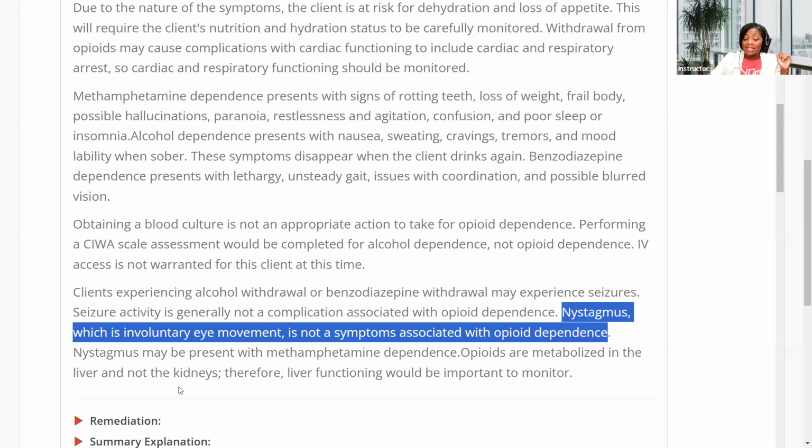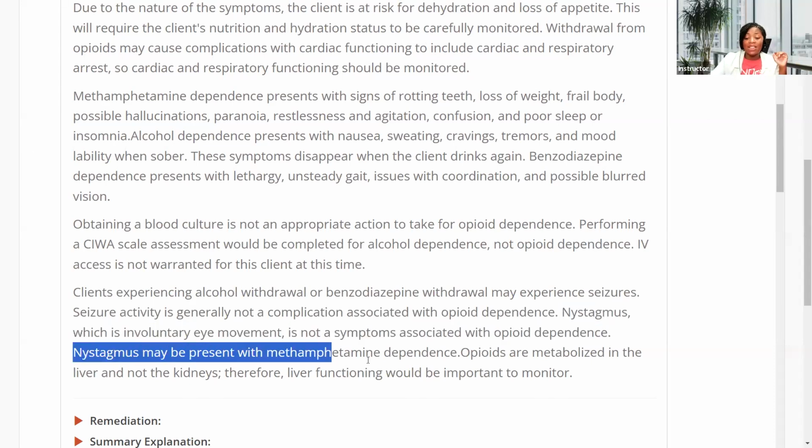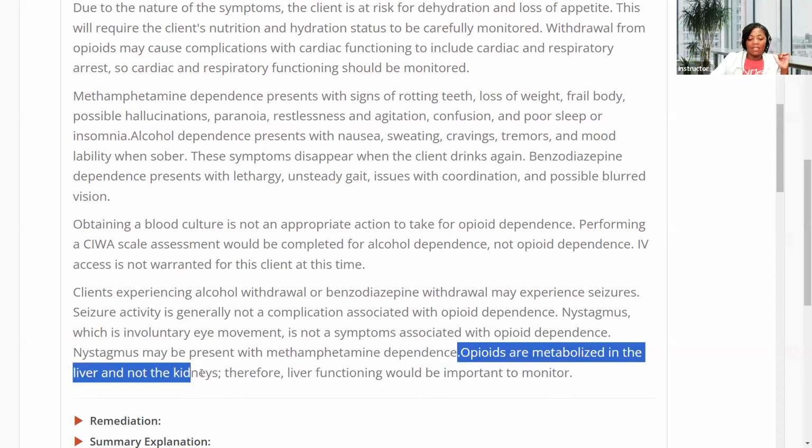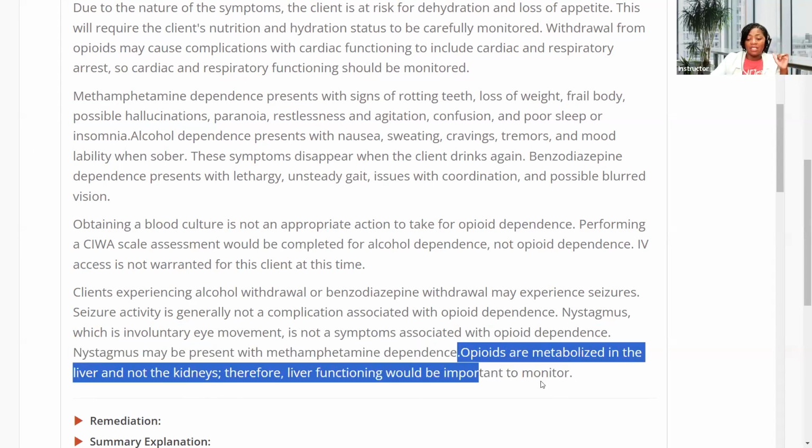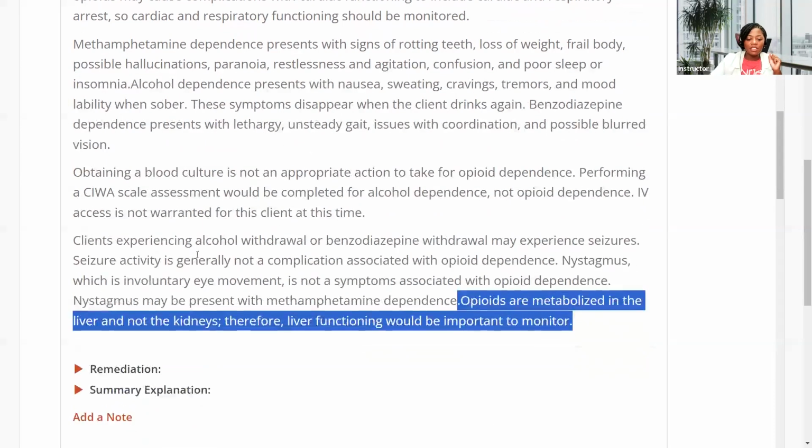But nystagmus could be present with methamphetamine dependency. Okay. Opioids are broken down in the liver, not the kidneys. Therefore, liver functioning would not be important to monitor either. All right. So, a lot of good stuff there, right? We can comb through this and learn a lot from just reading this.